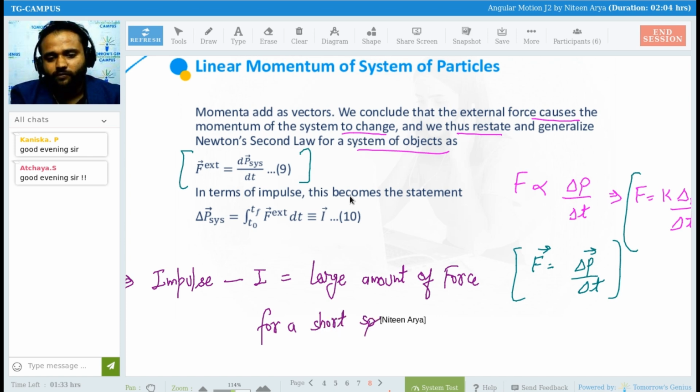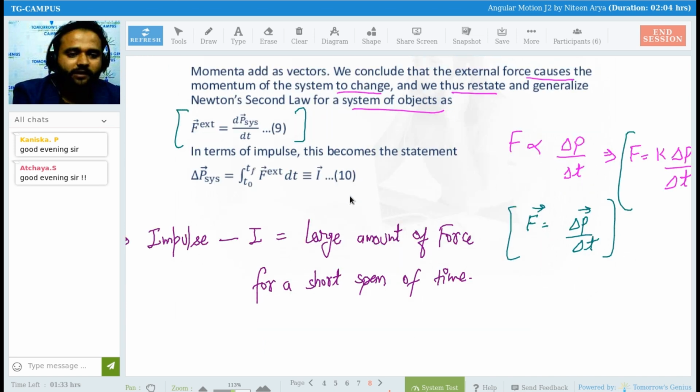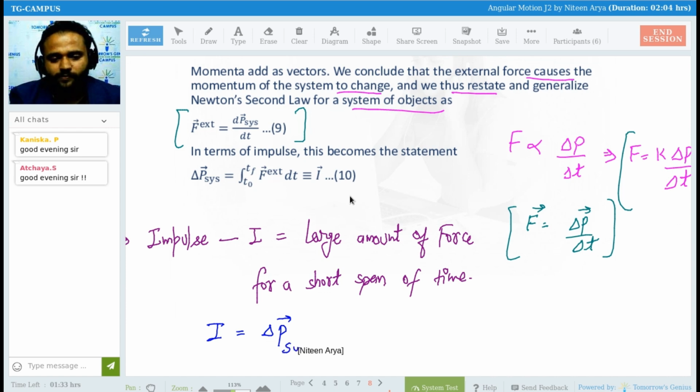And that is why, mathematically also, we represent impulse I as equal to the change of momentum, the change of momentum of the system, because we are talking about a system here. So it is the integral from t naught, the initial time, to t final, of F external dt.